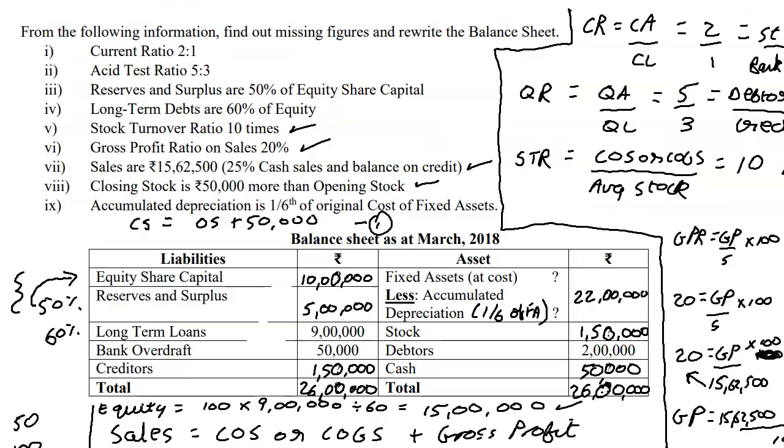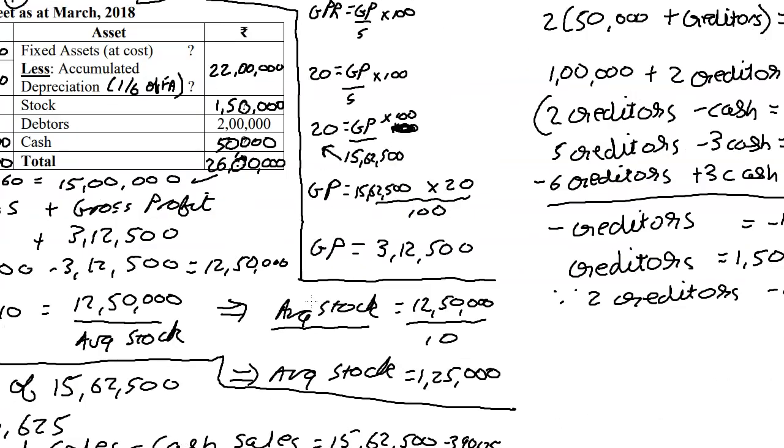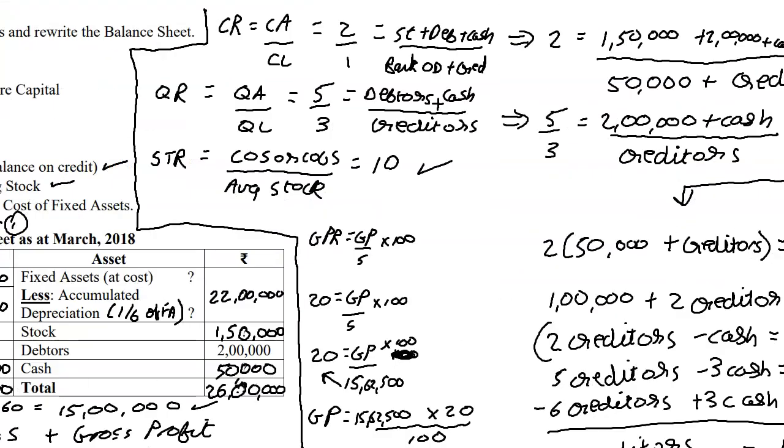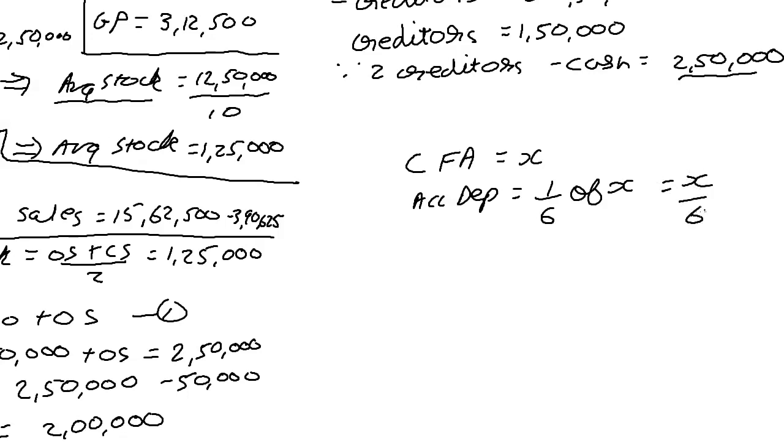So let's take the fixed assets as X. Okay, then the accumulated depreciation will be 1/6 of X. Okay, so cost of fixed assets is X, accumulated depreciation will be 1/6 of X, or simply X by 6.